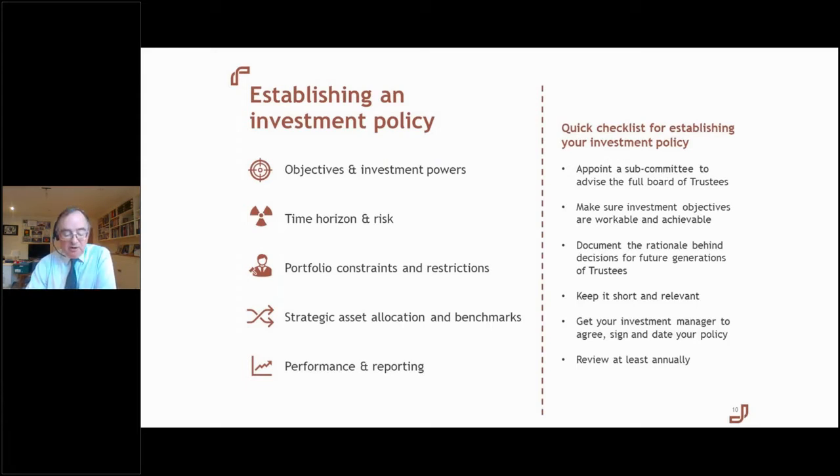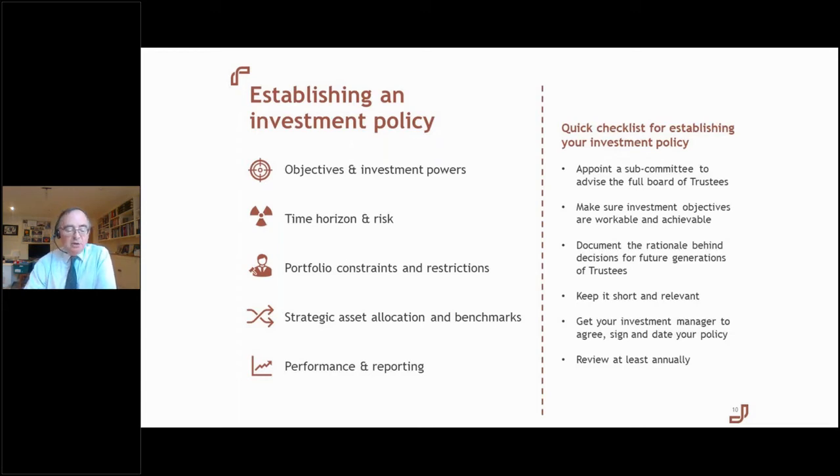your investment policy. This is both best practice and required under the Trustee Act 2000. The investment policy is like a roadmap for the trustees and your investment manager to follow. We suggest that the investment policy is drawn up under the following headings: objectives and investment powers, time horizon and risk, portfolio constraints and restrictions. You might have some ethical constraints, for example.